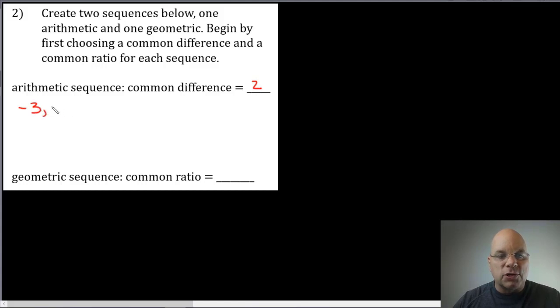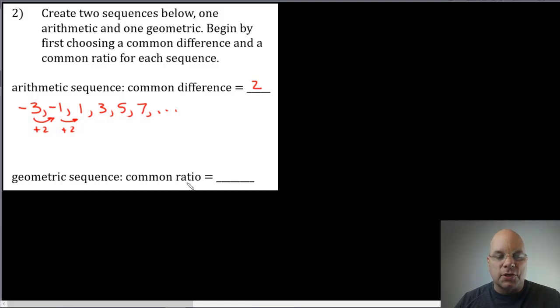If I'm increasing by 2 each time, negative 1 would be the next term, 1 would be the next term, then 3, then 5, then 7. This arithmetic sequence has a common difference of 2. If I take a term and subtract the previous term, I get a difference of 2 each time.